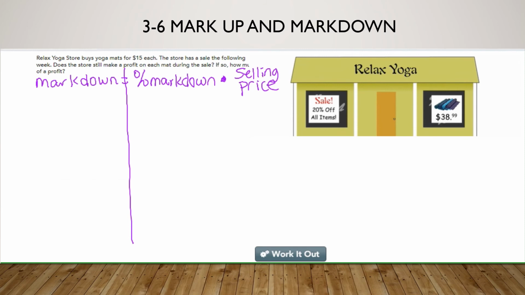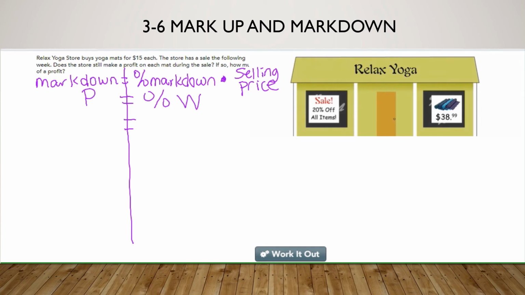The first thing we need to do is figure out the markdown by using our markdown equation. And we can think of the part equals percent times whole formula. We just have to know that the part is the markdown, the percent is the percent markdown, and the whole is the selling price.